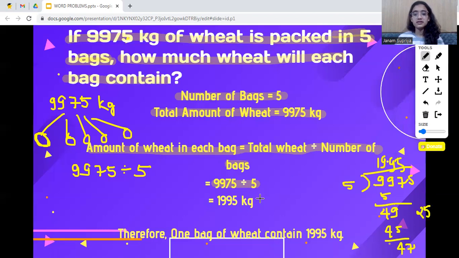So we'll be getting 1,995 kg. So this is the amount of wheat in each bag. Therefore, one bag of wheat contains 1,995 kg. So this is how we use division in a question.